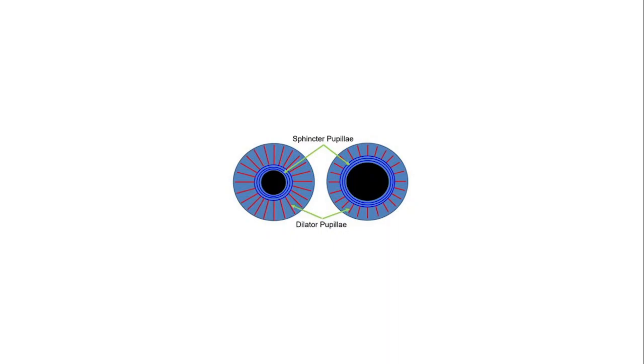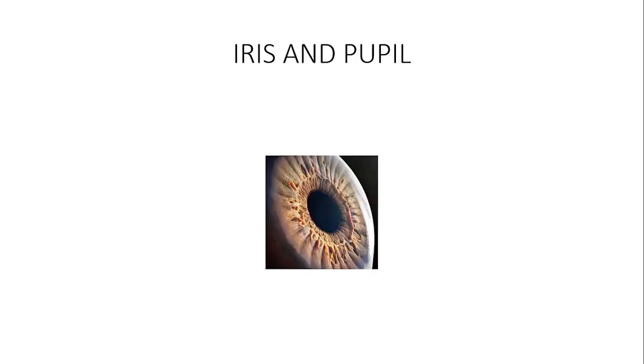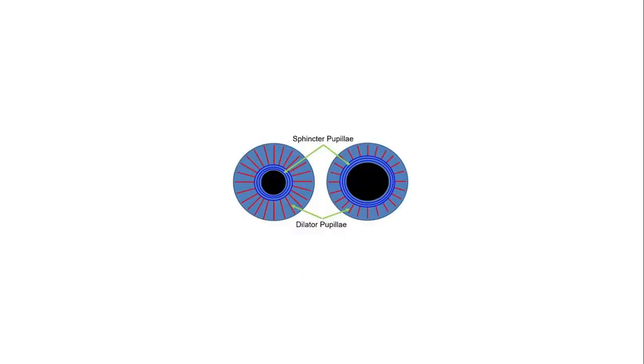Let's talk about muscles that can be found within the irides. For your information, there are two major muscles that the iris can have.